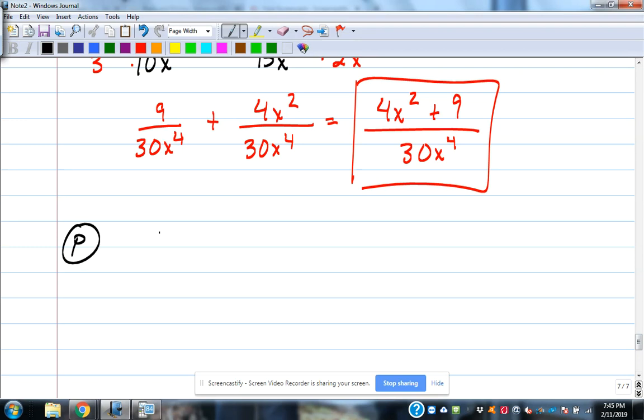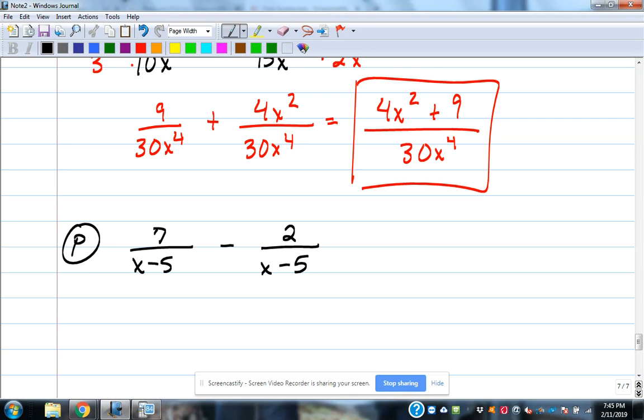Let's look at one, maybe 7 over x minus 5, minus 2 over x minus 5. Got two fractions, we're going to subtract them. The rules for subtraction are that the denominators have to be what? The same. Are the denominators the same? Yes.